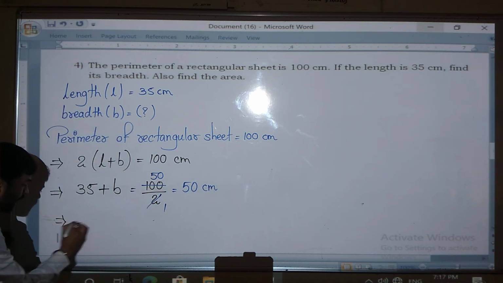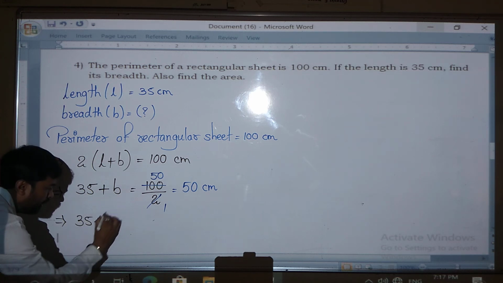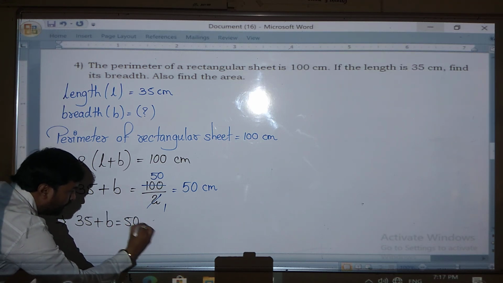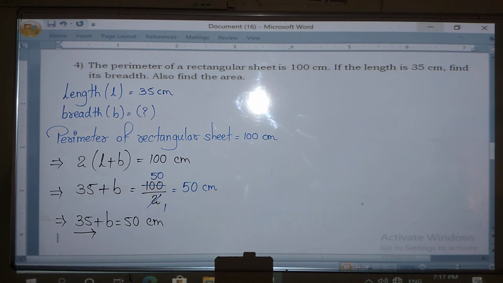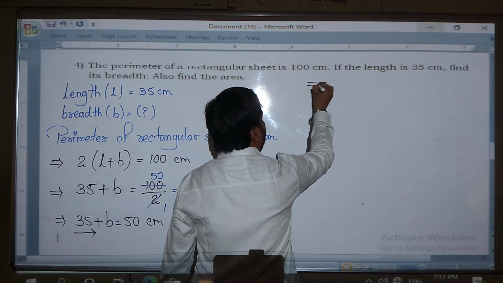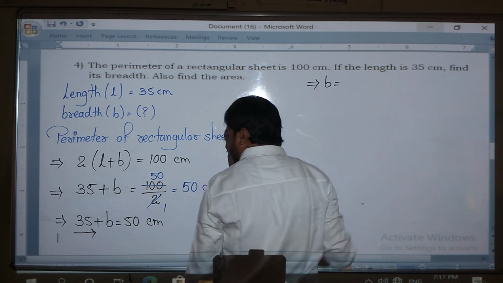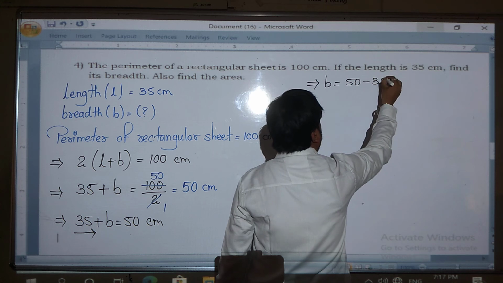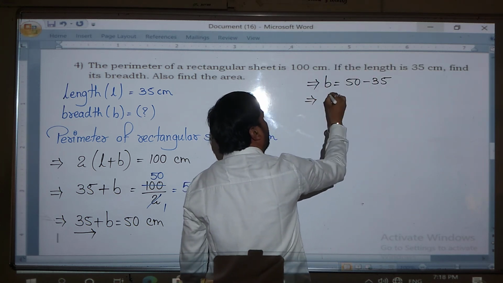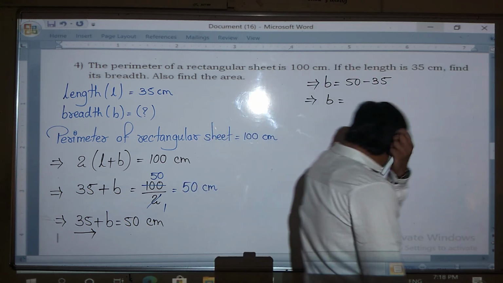So which implies 35 plus B is equal to 50 centimeter. Transfer કરો. So which implies B is equal to 50 minus 35. So which implies B is equal to 15.